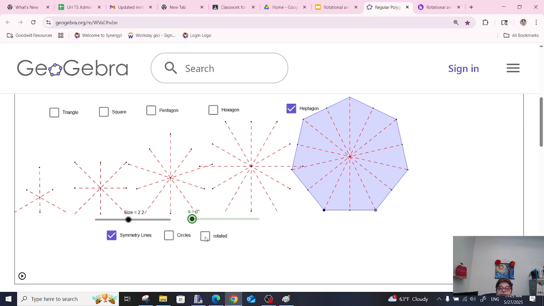You should have 7 lines. Well, you get the one going straight through the middle, lengthwise, and then you're going from vertex to midpoint of the opposite side. I think all of them are vertex to midpoint of the opposite side. Yep.